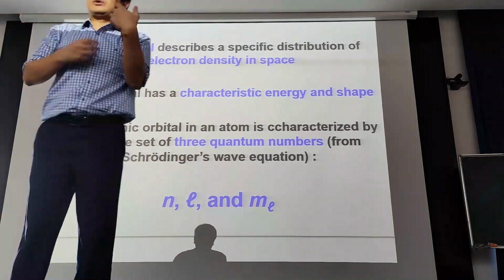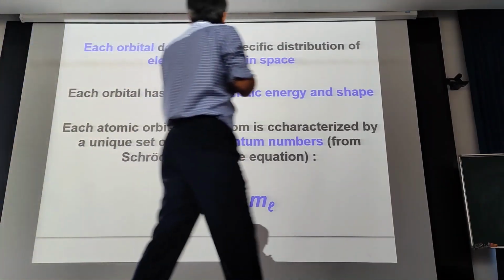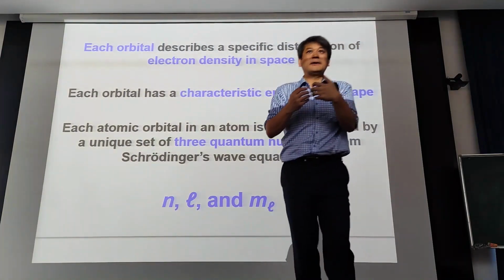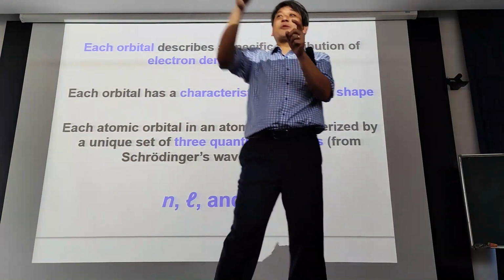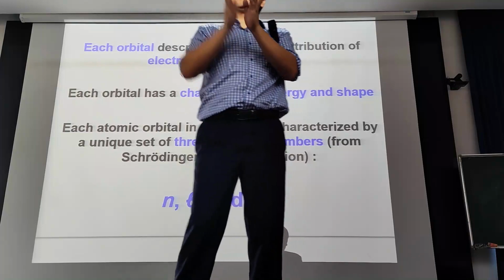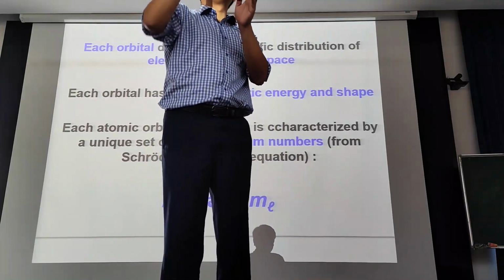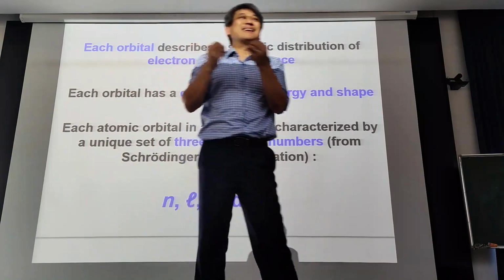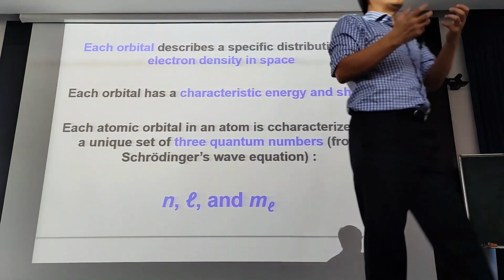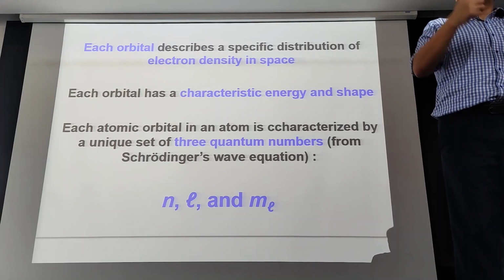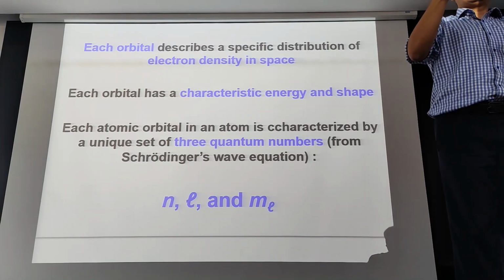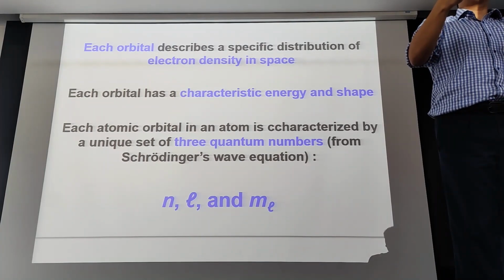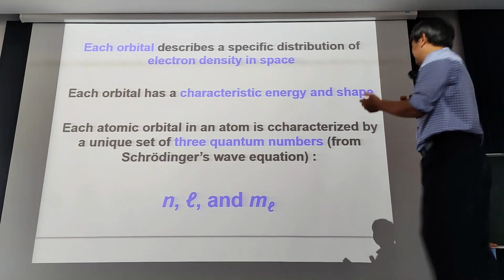Then we use the second quantum number, we call the momentum quantum number. And then if you have the orbital like this, what could be the direction? Whether it's in the X, Y, or Z, we use the third quantum number. So basically, an orbital will be represented by three quantum numbers, n, l, and ml.